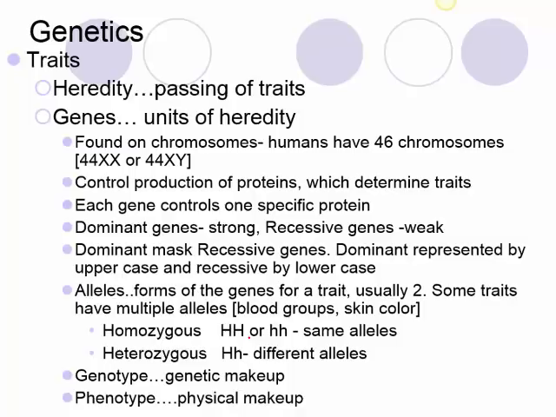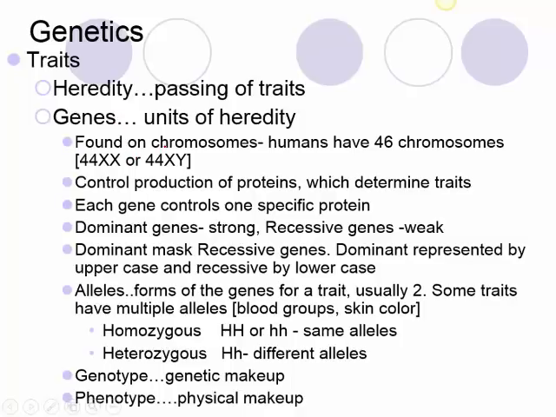All these are traits, things you can use as an adjective. Okay. So heredity is just the passing of traits, and how these traits are passed is by the presence of genes. So genes carry these unique traits, and they pass them on from the parent to the child.